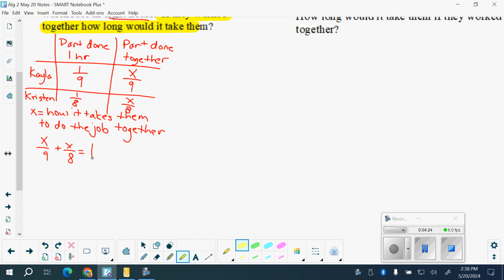Find a common denominator. What do you know? That's what we've been doing. So what's our least common denominator? 72. So we're going to multiply the top and bottom of this one by 8. I'm going to use a different color here.